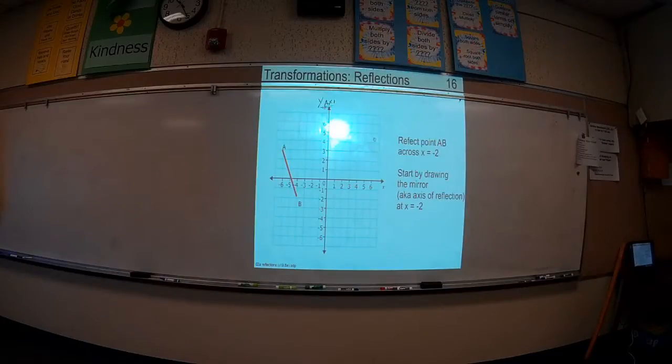On the first coordinate system, draw that line AB, or segment AB. Oh, he's already drawn it. Are you drawing it? You think you know where the mirror is? Okay. Draw in that segment.